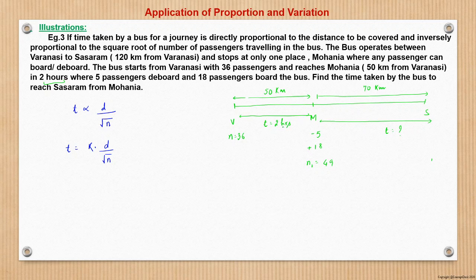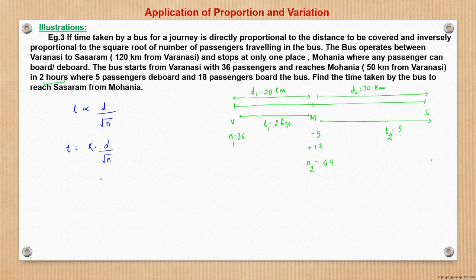Let this be T1. For simplicity, let this be T1, this be T2, this be N1, this be N2, and this be D1, this be D2.